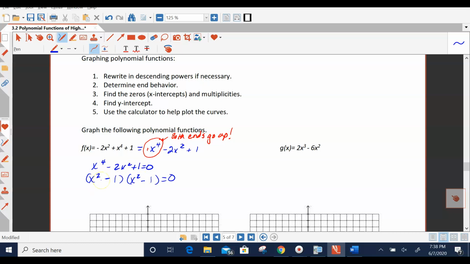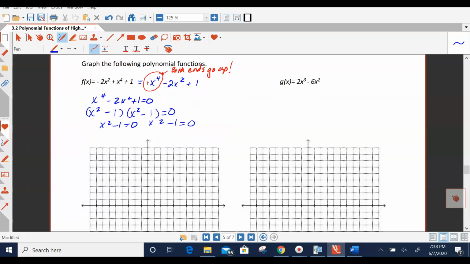So there's the factoring. Now let's set each factor to 0. You'll notice that x squared minus 1 is the same as the other factor, x squared minus 1. So I don't really need to solve both of them. Let me just take this first one. I'm going to take the 1 over, use the square root method, square root both sides, so I'd get x equal plus or minus 1.